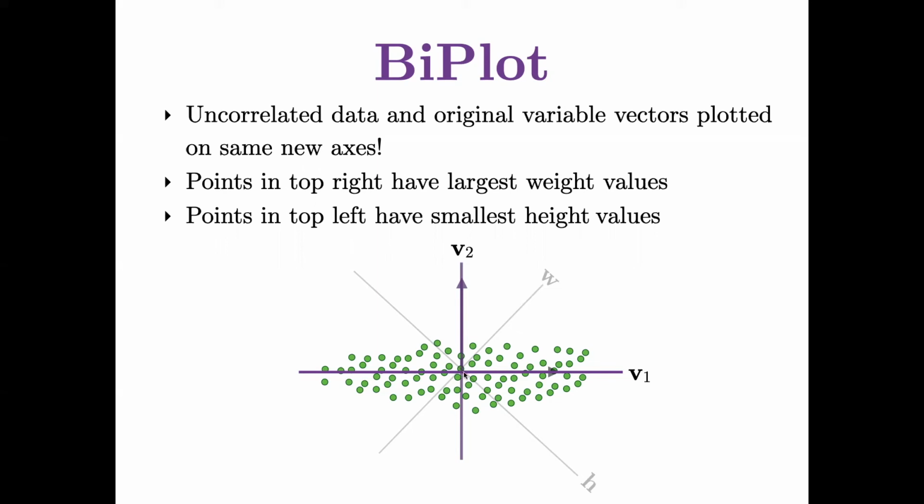And similarly, as I move further and further along this direction, the height increases. So, again, think about a piece of paper moving along this direction, perpendicular to it, so that these points here have the largest height and these points here have the largest weight.